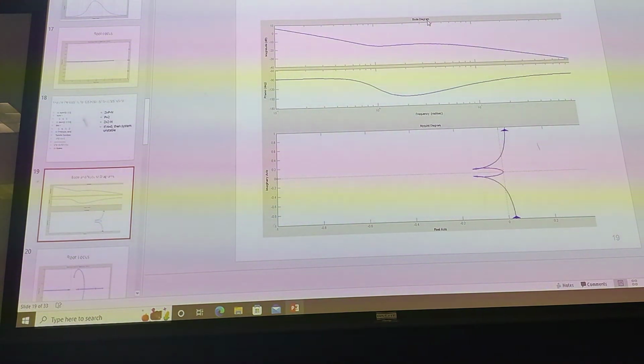You can check, looking carefully. It cuts 0 dB at an angle of minus 80. Does it cut 180 or minus 180? It doesn't cut it. Minus 180, it never cuts it.